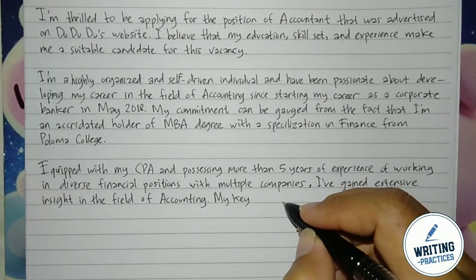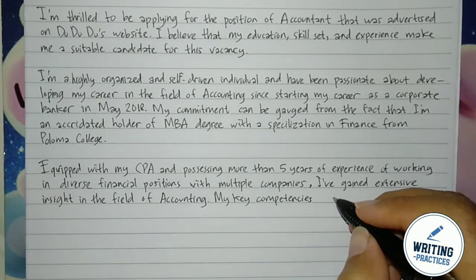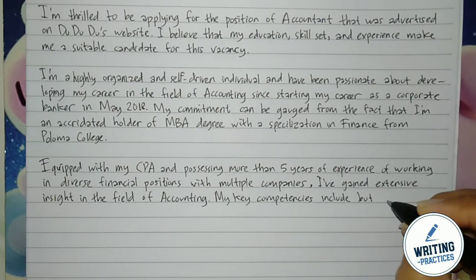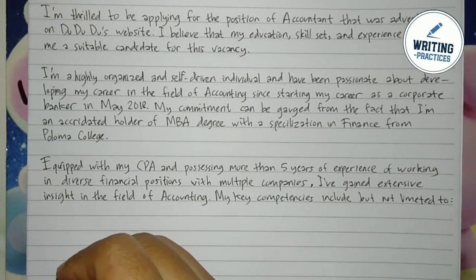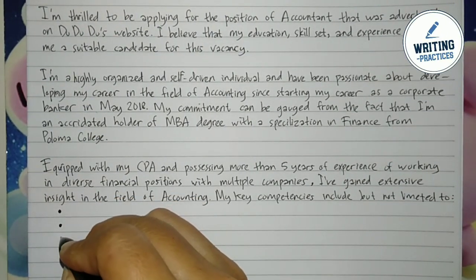And the job experiences here must give you a lot of insights and new skills. Therefore, you should make bullet points mentioning what kind of competencies you have gained after working in those positions in various companies.